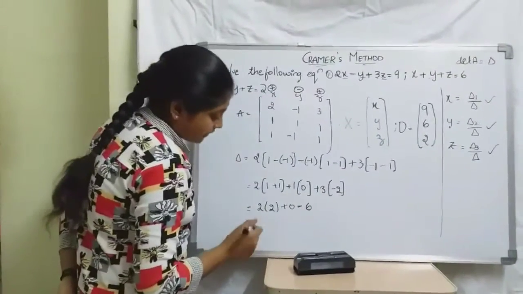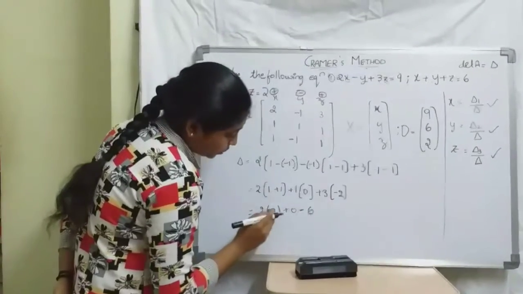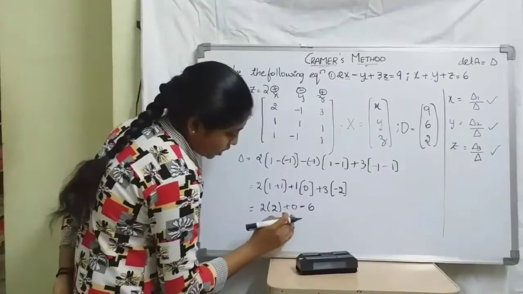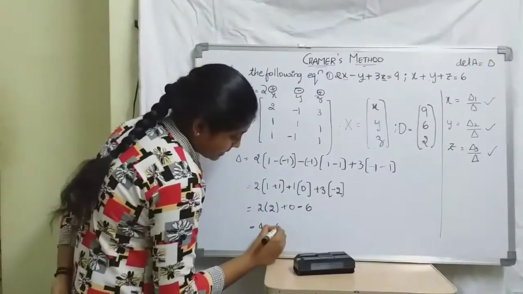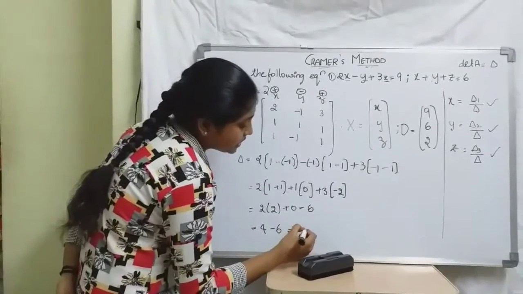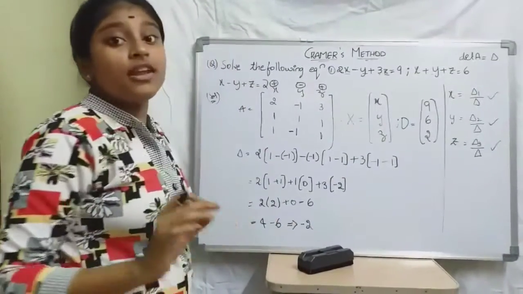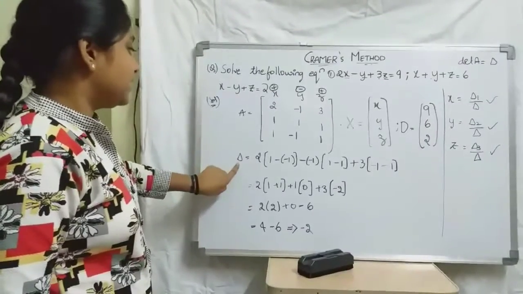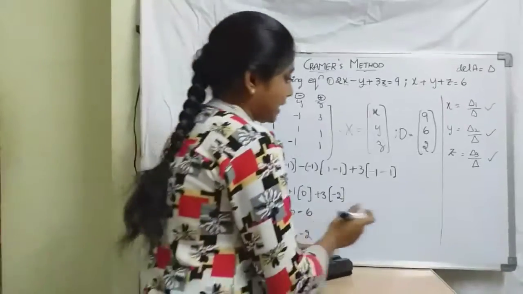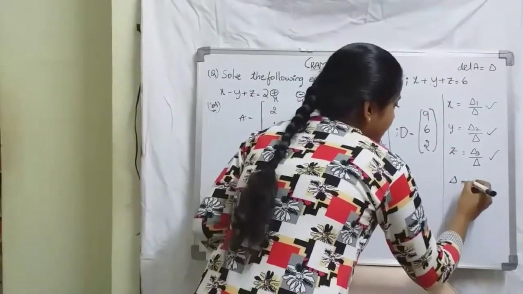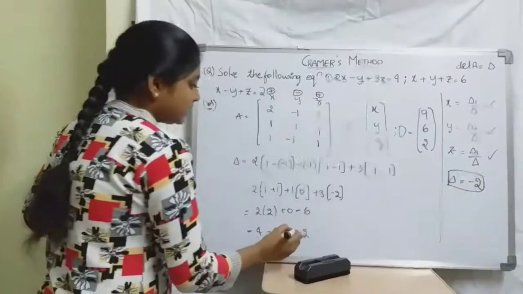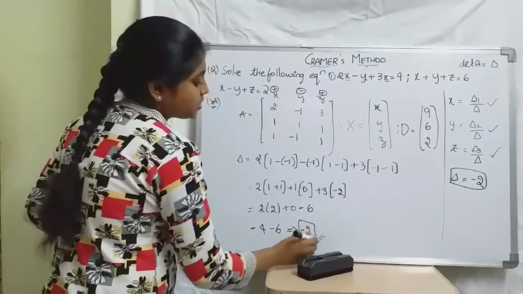So we have here 2 into 2, that is 4, plus 0 is not required, so minus 6. 4 minus 6, so the answer is minus 2. So now we got the delta value as minus 2. We will write the delta value here, that is delta is equal to minus 2.